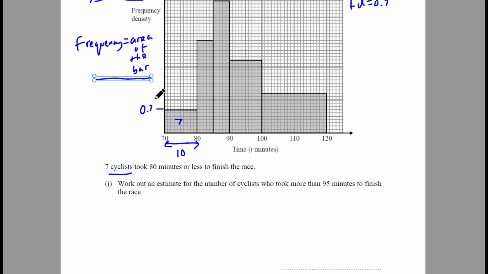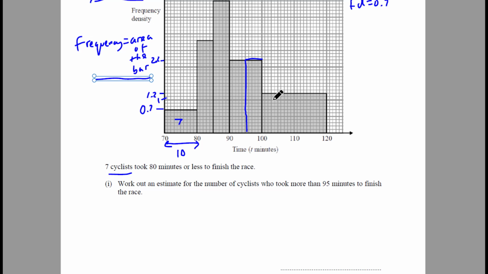So that's 95 minutes. Now, this is 0.7, helps you work out the scale. So that's 1. That point is 1.2. This point is 2.2. The number of cyclists is the frequency.